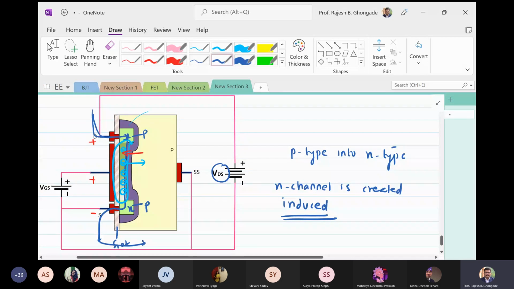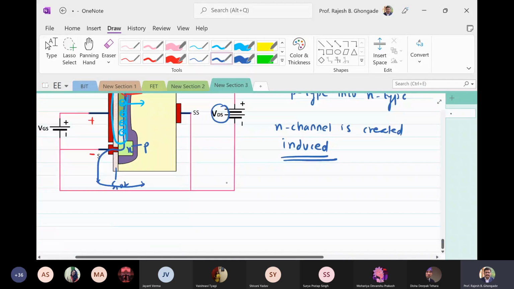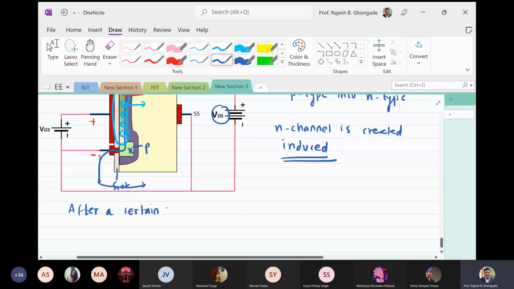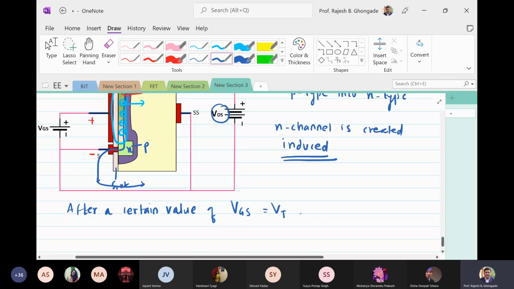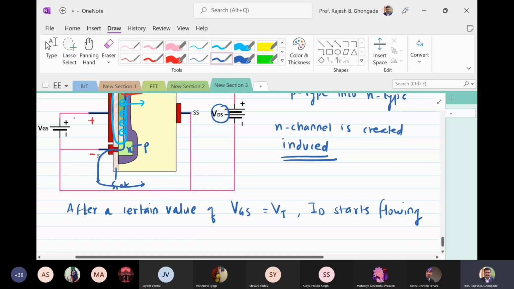So after a certain value of VGS, which is actually called the threshold voltage, ID starts flowing. So as if यहाँ पे मैंने वोल्टेज अप्लाई किया तो ये डिवाइस ऑन हो गया. ID starts flowing यानी ये ऑन हो गया.